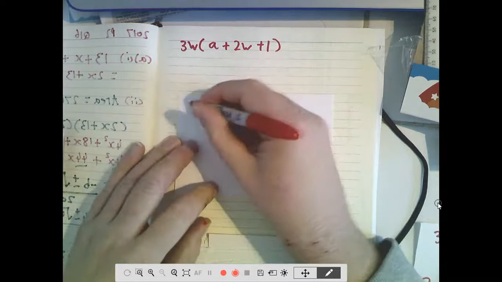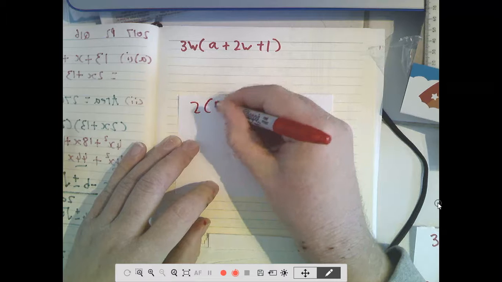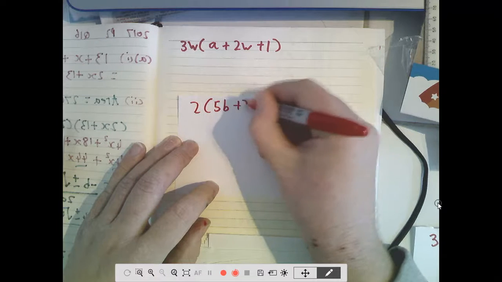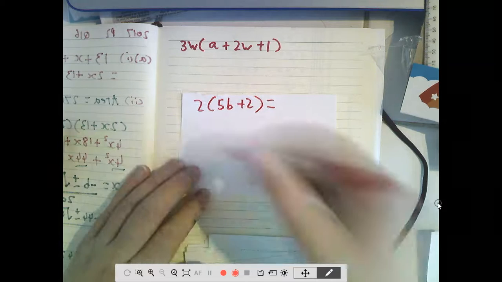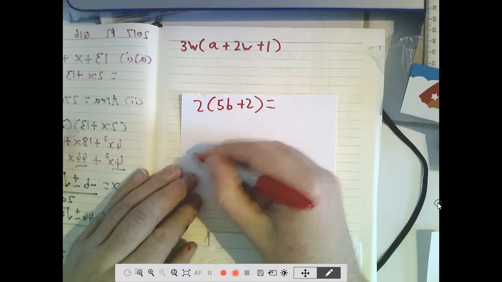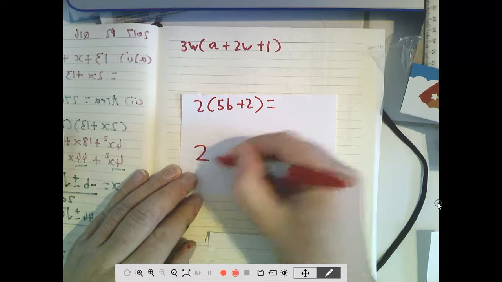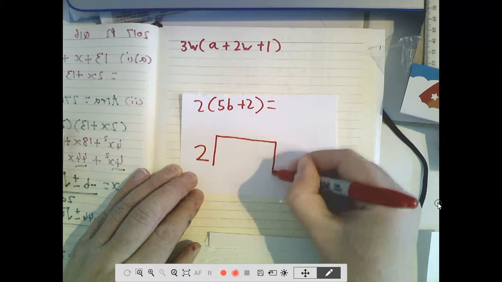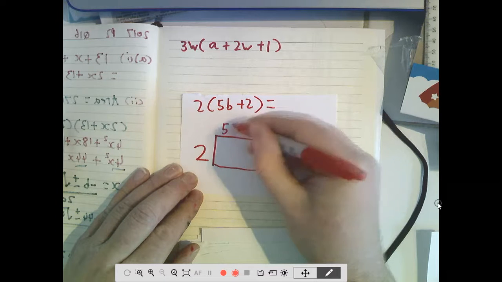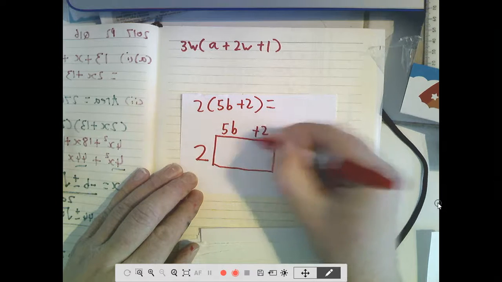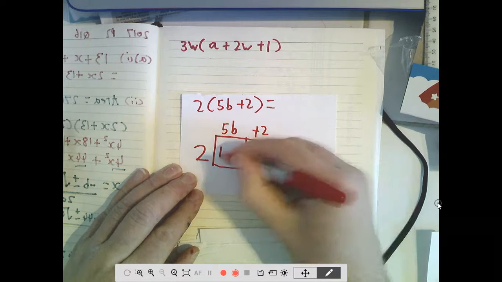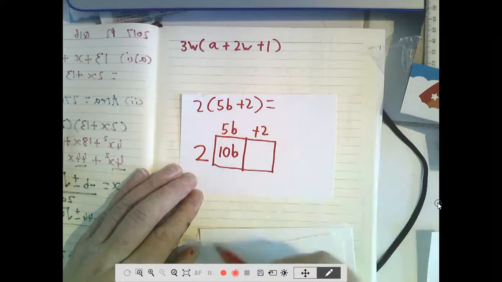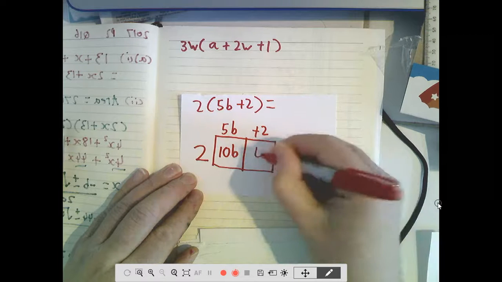Let's do this one. Let's do 2 bracket 5b plus 2. Okay, let's have a little think. What goes here, do you think? 2 times 5b is 10b. 2 times 2 is 4.